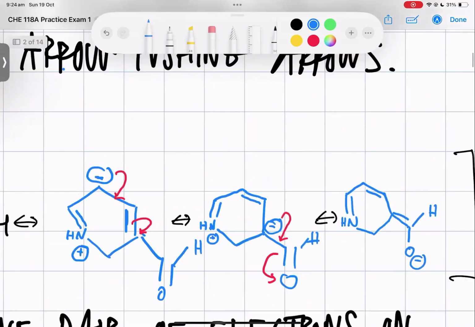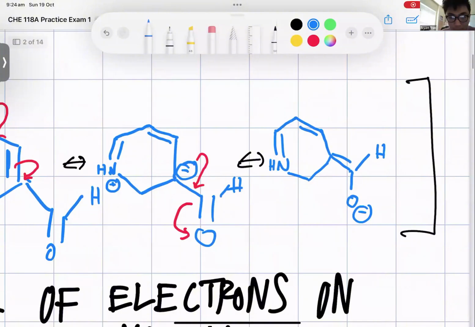There we go. And don't forget the positive charge on the nitrogen as well.